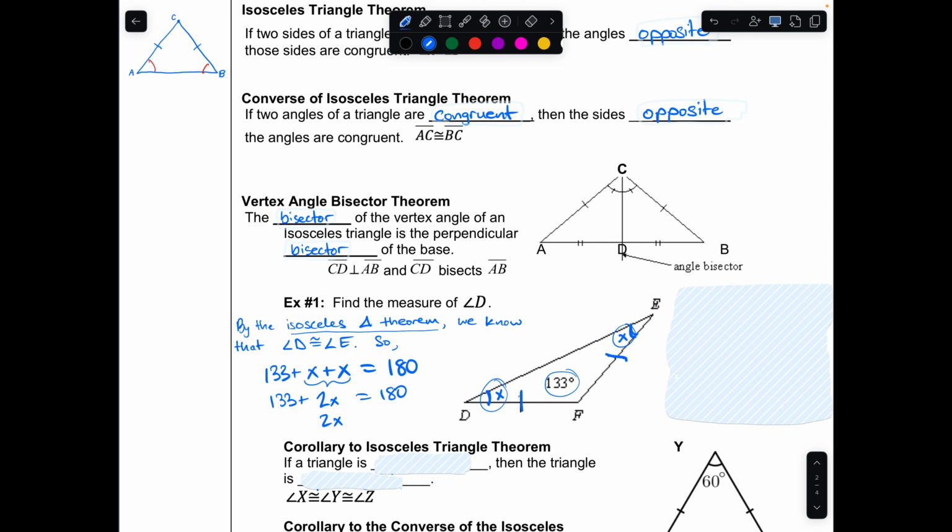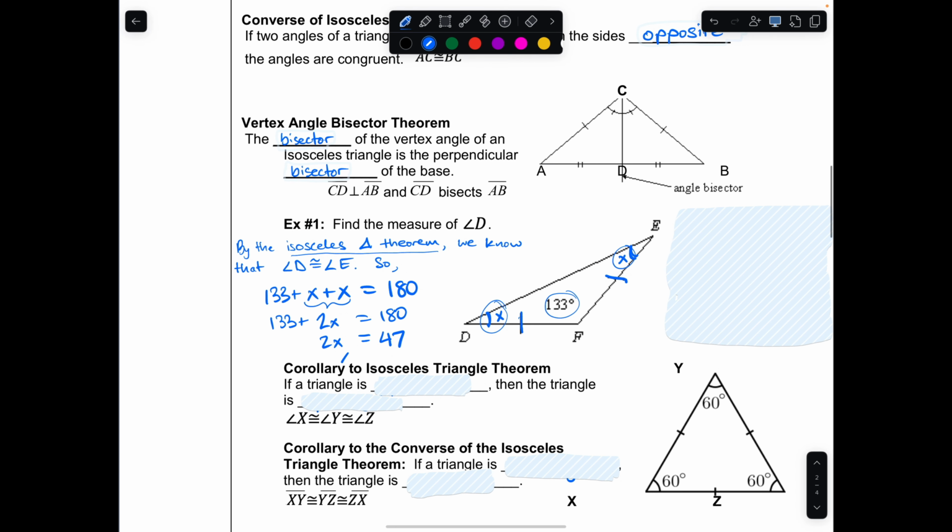If I subtract 133 from both sides, 180 minus 133 should leave me with 47. And then I can divide both sides by 2. We should be left with 23.5.